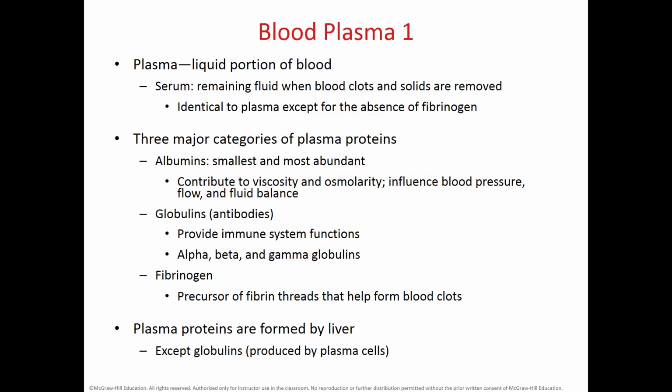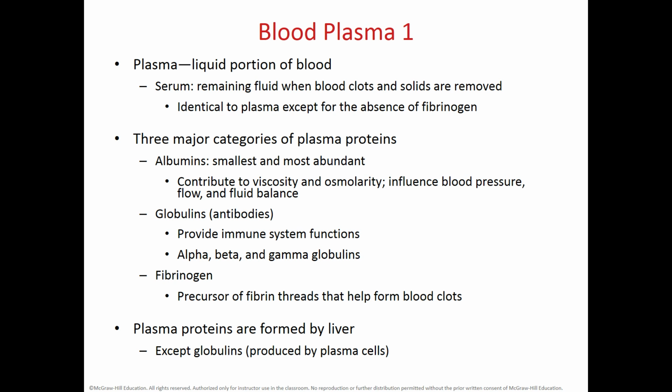So what are the characteristics of the plasma? It's the liquid portion of the blood, and when you don't introduce a chemical known as an anticoagulant in the plasma, you have the formation of blood clots within this plasma.